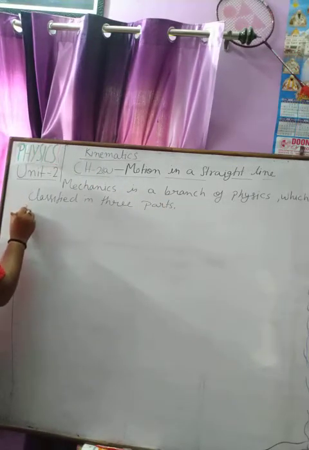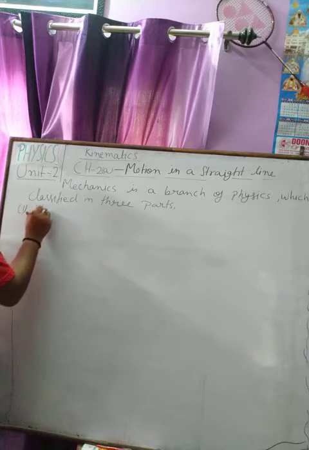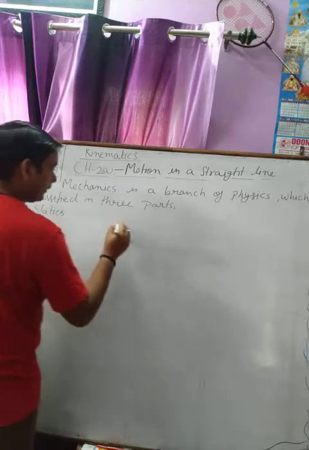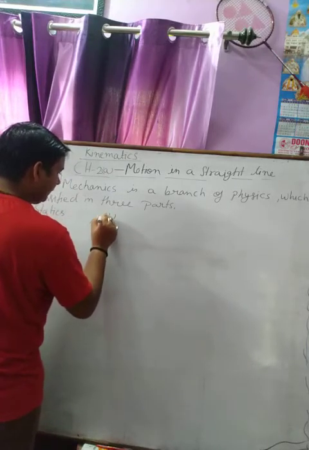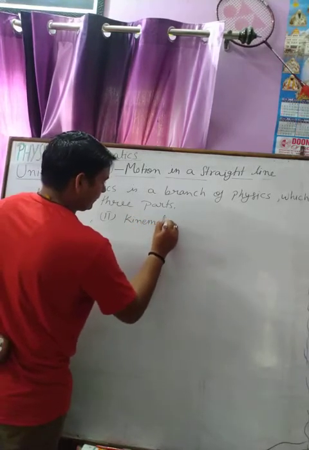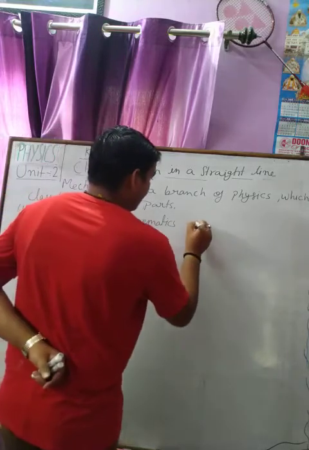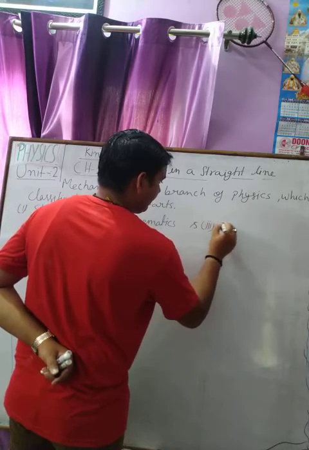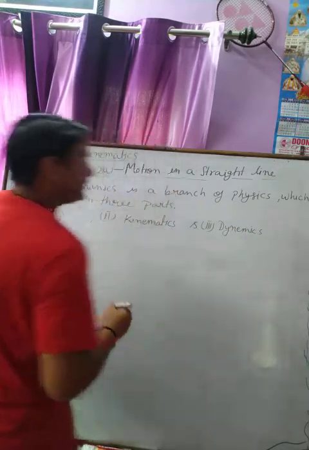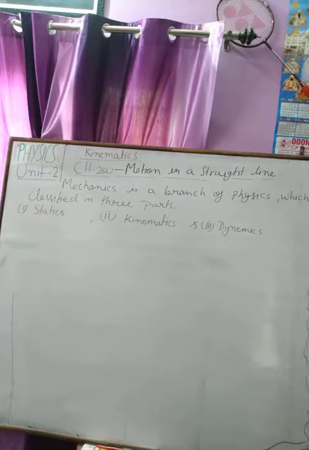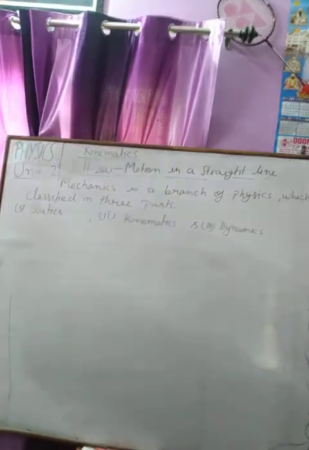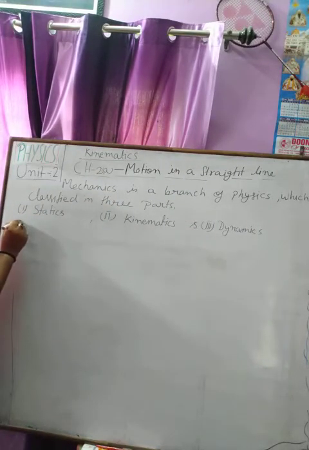The first is statics, the second is kinematics, and the third is dynamics. These are the three branches, or three parts, of mechanics.